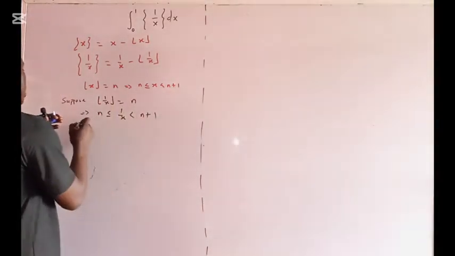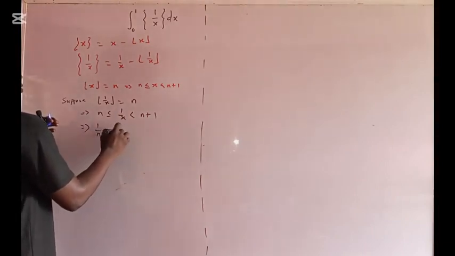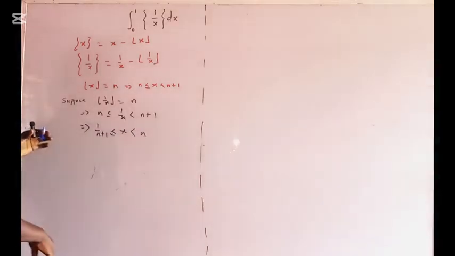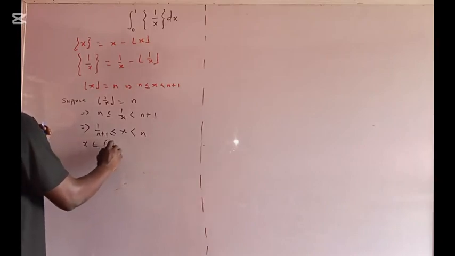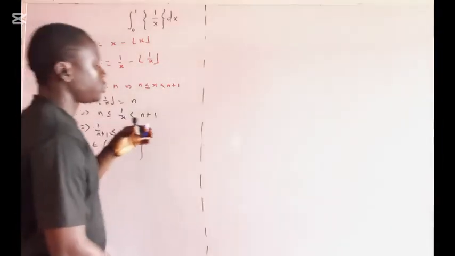Then we take the reciprocal, so we have 1 over n plus 1 less than x, less than or equal to 1 over n. So that shows that x belongs to the interval open at 1 over n plus 1 and closed at 1 over n.